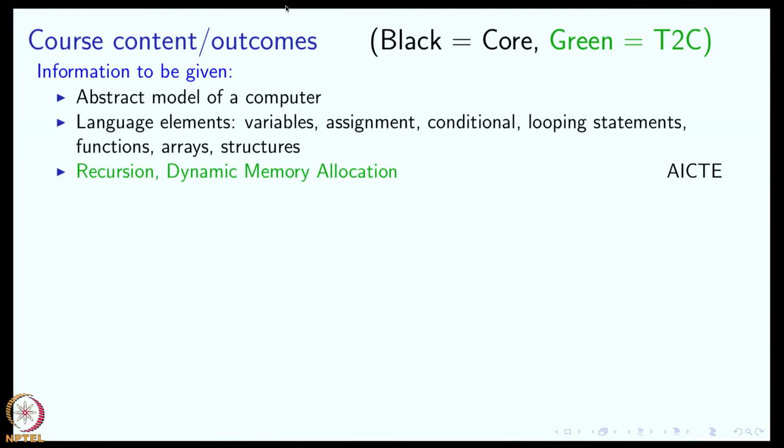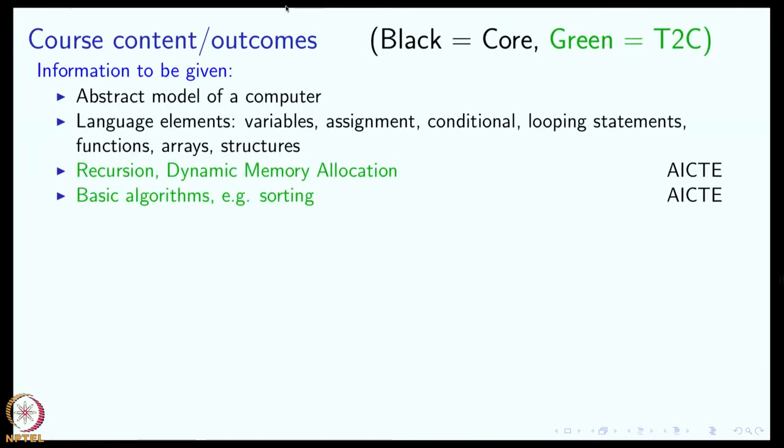Recursion and dynamic memory allocation, AICTE thinks of as core, but other people might think of both of these as tier 2 core, slightly less important. So you have to make a call on this if you are pressed for time. But amongst the tier 2 core, these are probably the most important, since AICTE is saying that they are core.